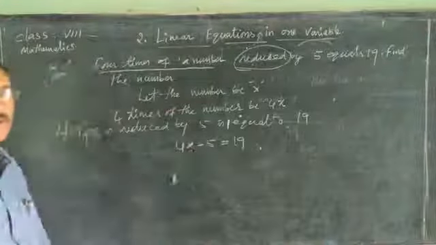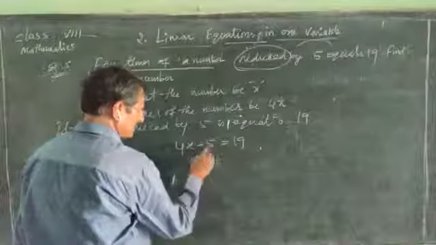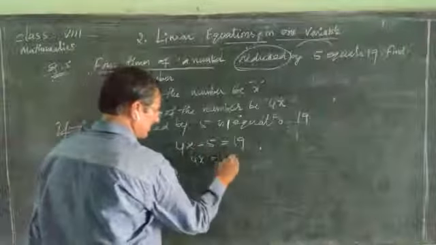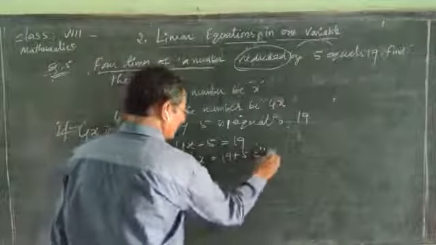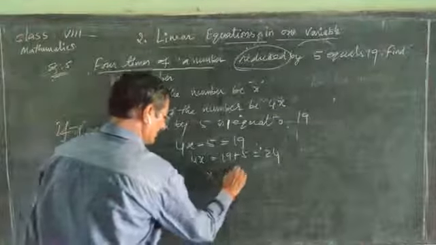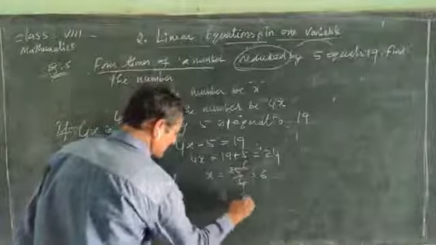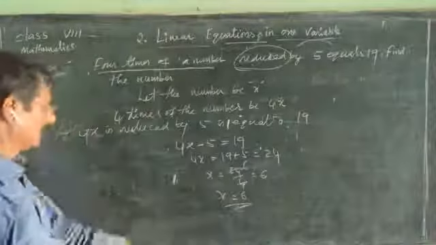We get an equation. Solve this. 4x, send this minus 5 to that side, it will become plus 5. 19 plus 5 equal to 24. Then x equal to 24 by 4, 6. x equal to 6. Is it right or wrong?